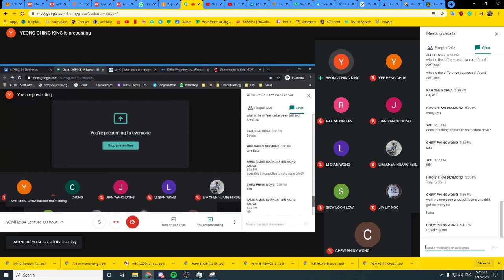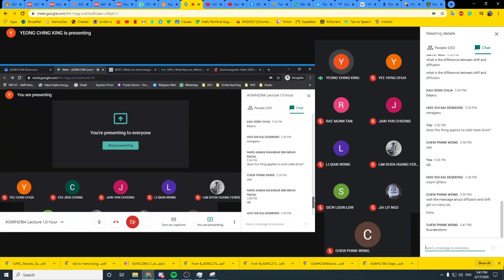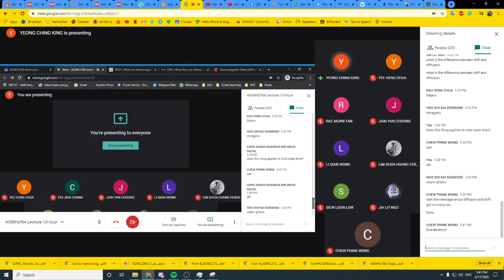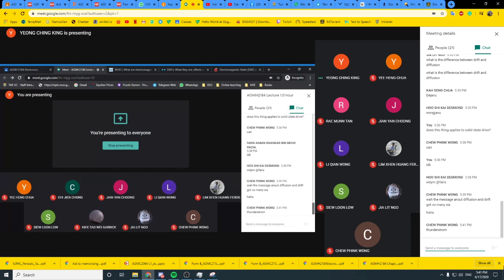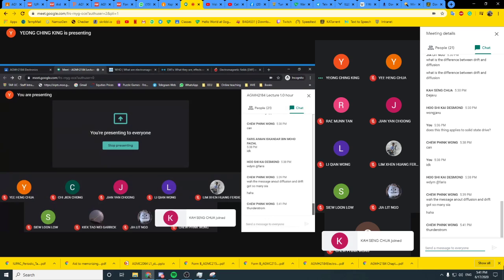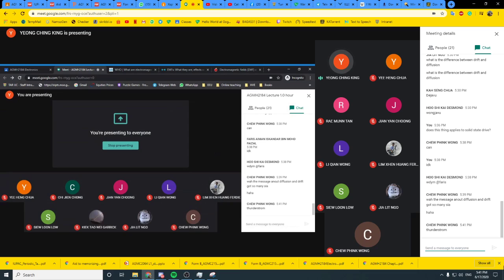Does this thing apply to solid state drive? It applies to all solid state, most of the solid state electronic components.